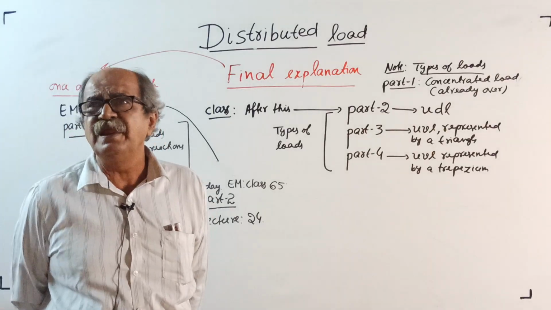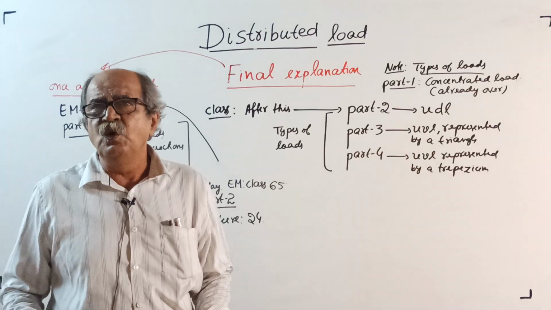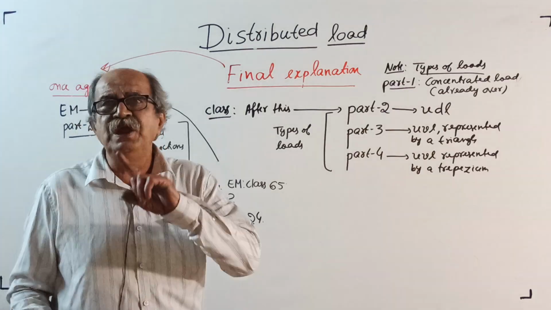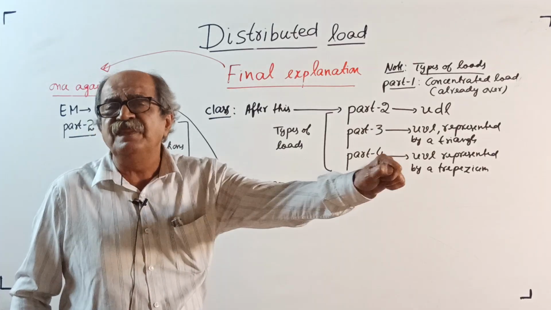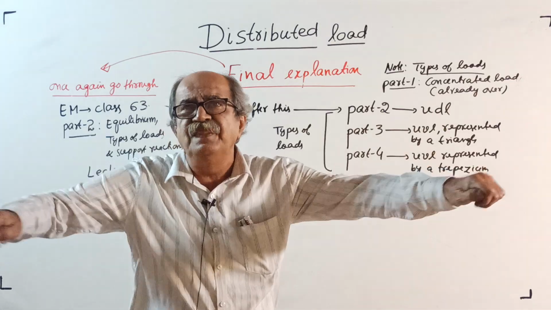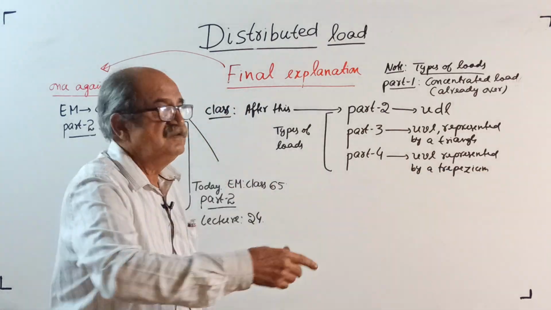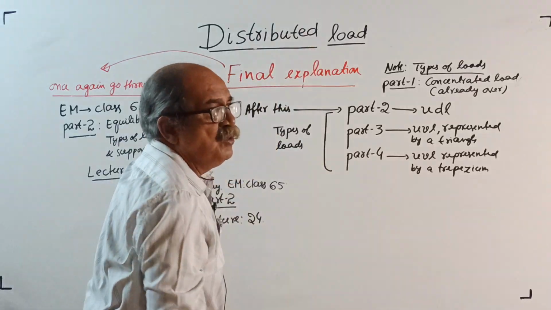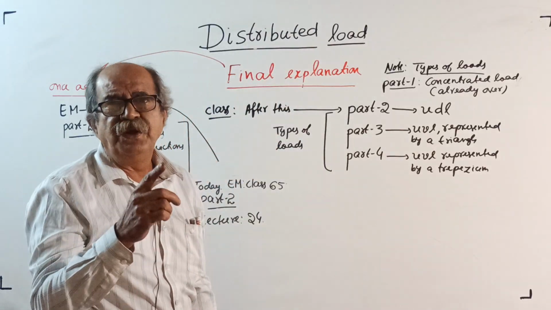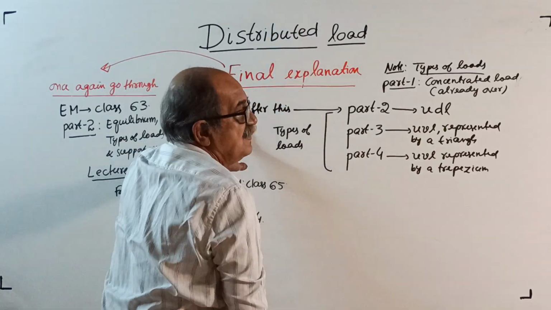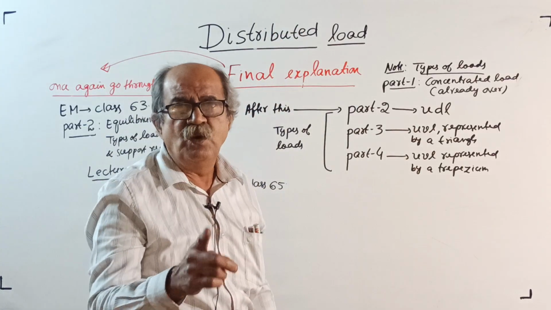Now, kilonewton per meter is the load for 1 meter, but we want the load for the entire loaded length. Therefore, we want the magnitude of the total load, and your hand has to move like a point load. Make a note.